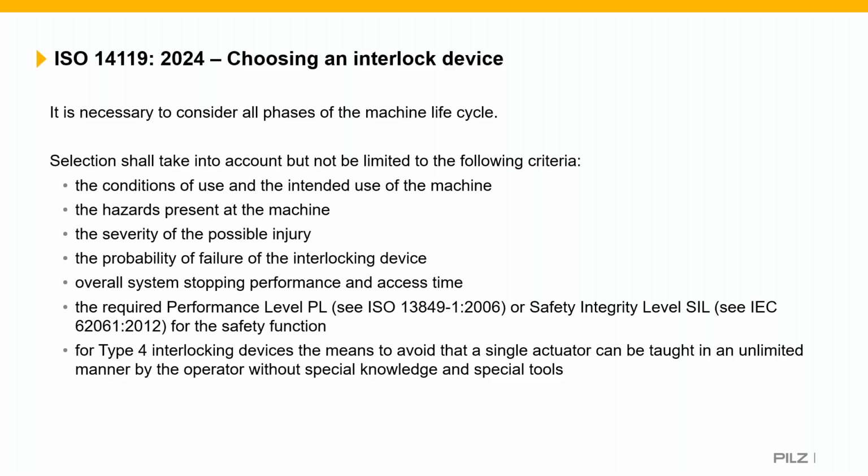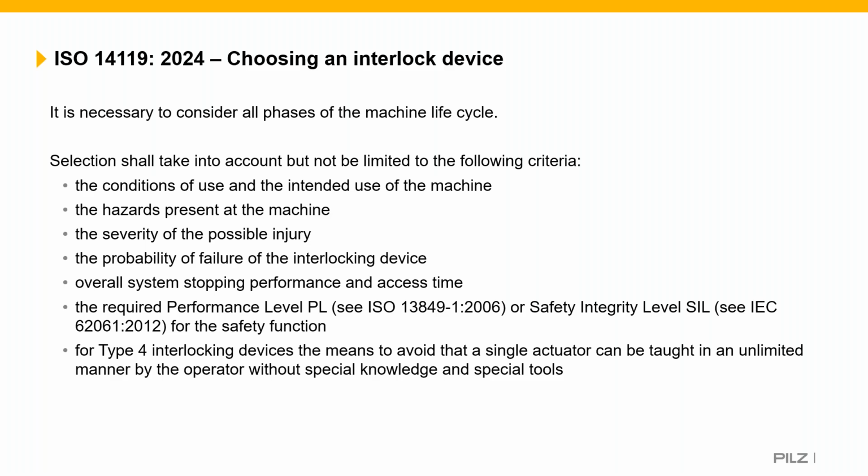What is the probability of failure of the interlocking device? What is the overall stopping performance time and access time? Again, this is something where we need to look at where we may need to consider guard locking. And also, what performance level or SIL level are we trying to achieve? Type 4 interlocking devices give us the means to avoid a single actuator being retaught in an unlimited manner.